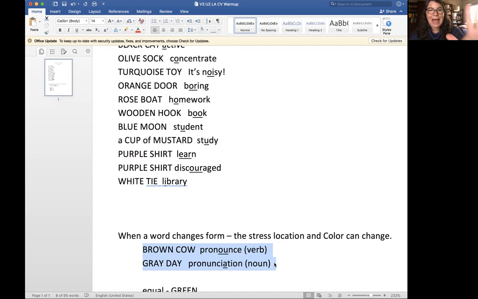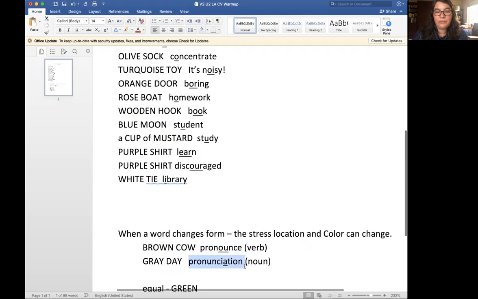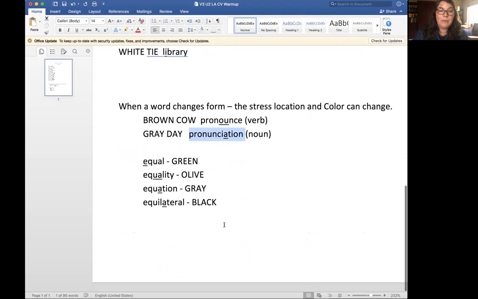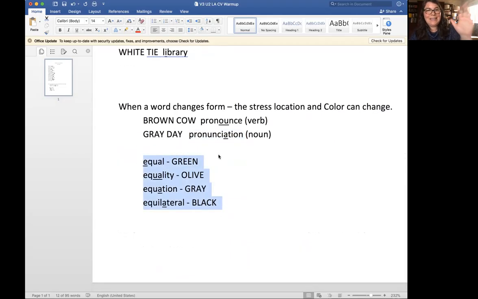Pronounce. But the pronunciation, the noun, is gray day, pronunciation. Can you see how these are different? Pronounce, pronunciation. They sound very different. Here's another example. If you're studying math, look at this. Green tea equal, olive sock equality, gray day equation, black cat equilateral.